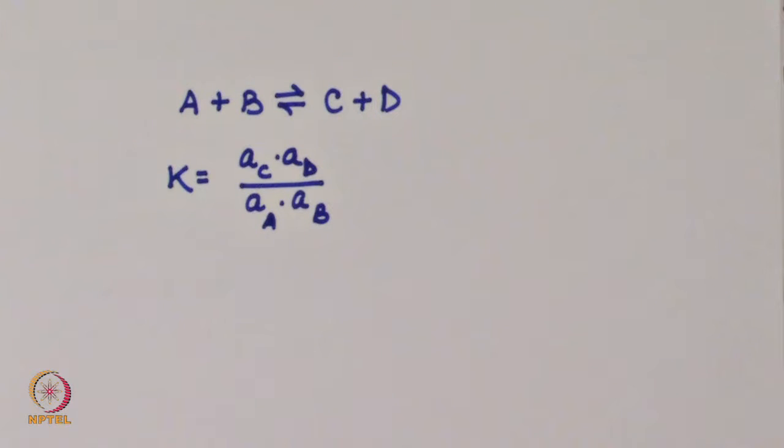When we prepare solutions in laboratory, we express the concentration of a solution in terms of molality, or in terms of mole fraction. So, when we determine the value of equilibrium constant in the laboratory, we usually express it in terms of the ratio of molalities, or ratio of molarities, or ratio of mole fractions.